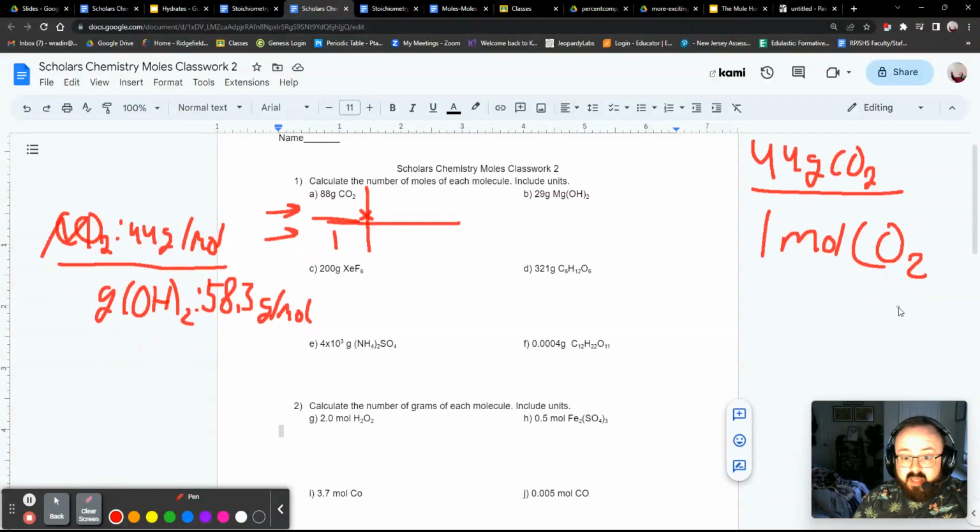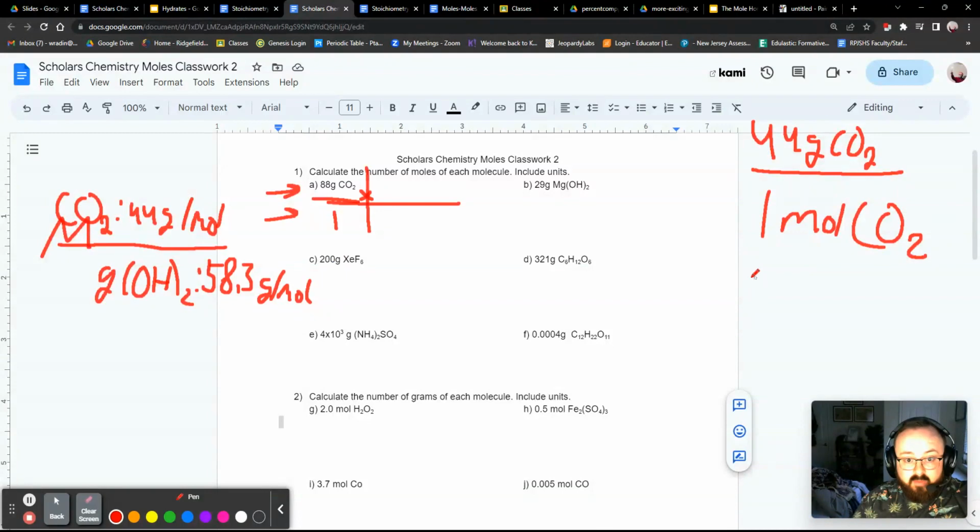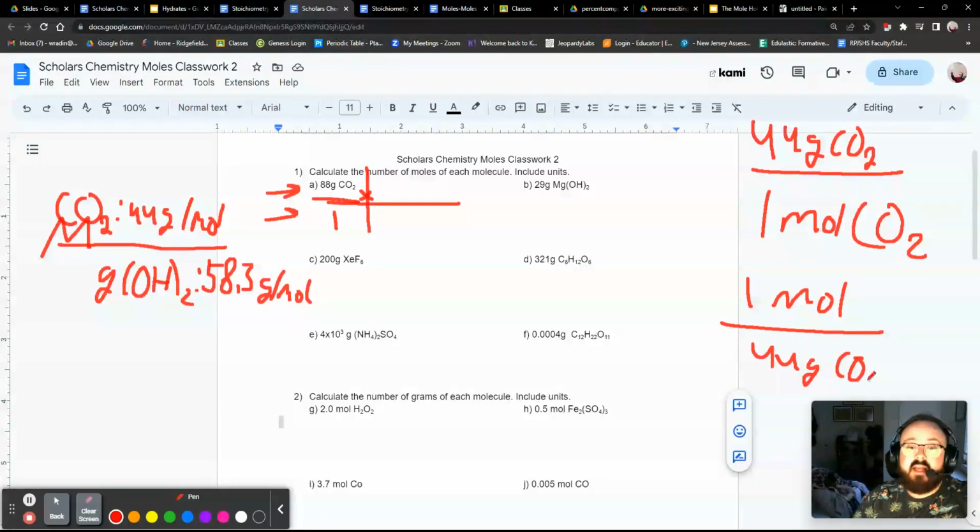But we can also write it in the opposite form. If I have 1 mole, I have 44 grams. Just like the example: if I drive for 1 hour, my distance will have been 60 miles if I'm driving 60 miles an hour.